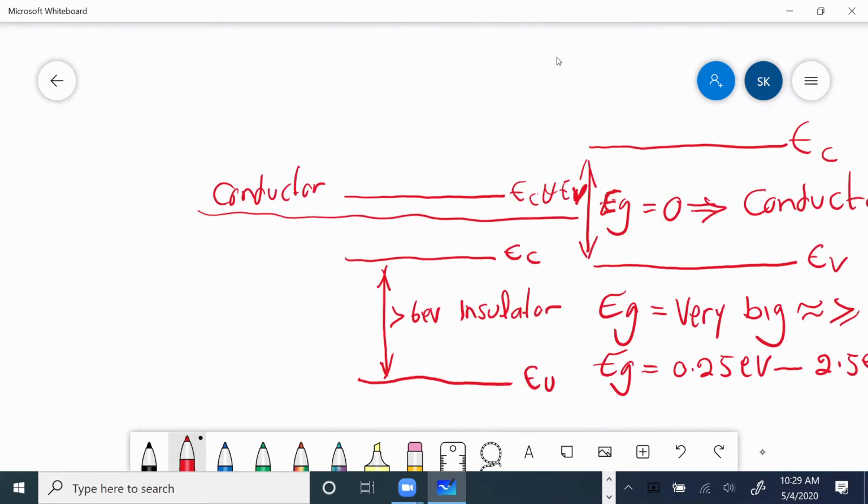And when this EC and this EV gap is moderate, 0.25 to 2.5, this is called a semiconductor.